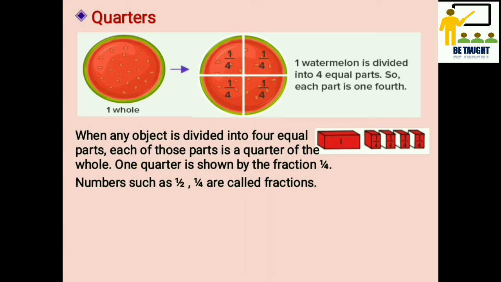Numbers such as 1/2, 1/4 are called fractions. So in a fraction, the number written above the line is the numerator and the number written below the line is the denominator.